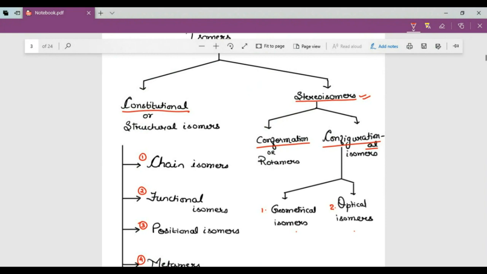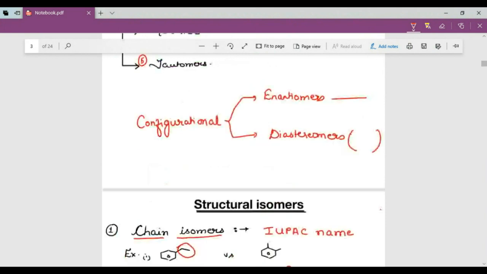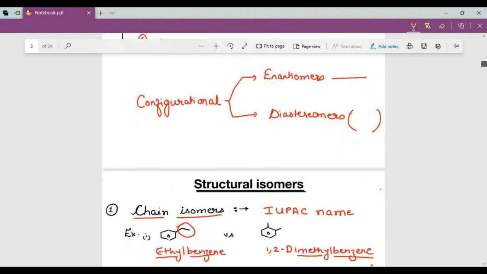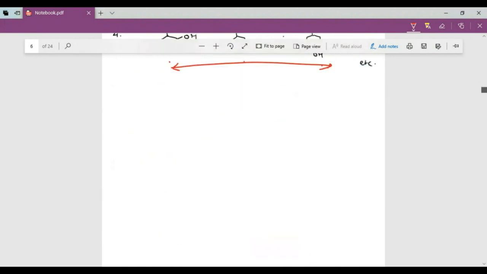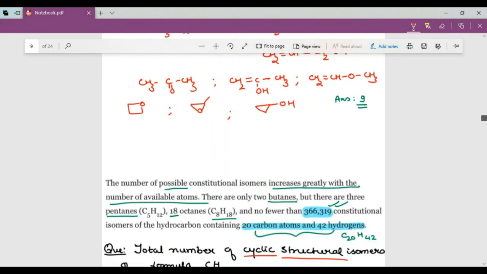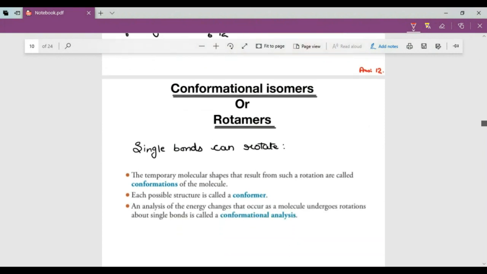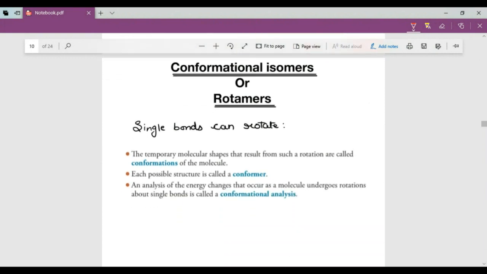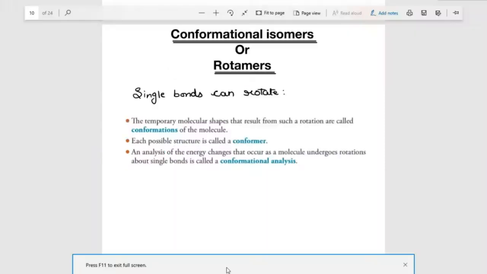Stereoisomers are those in which the basic link of atoms, the sequence of atoms, the number and the type of atoms are exactly the same, but there is some difference in their relative arrangement in space relative to each other. Otherwise, it is just impossible to find out what is the difference in the two. So it is a very close call. Otherwise, if you don't have a good 3D view, you may get puzzled about what the difference is.